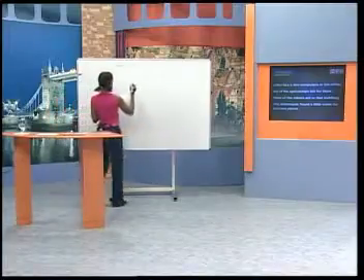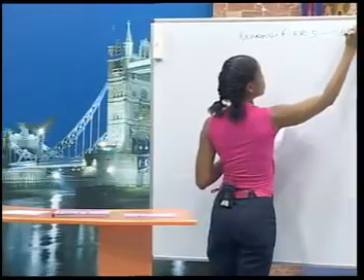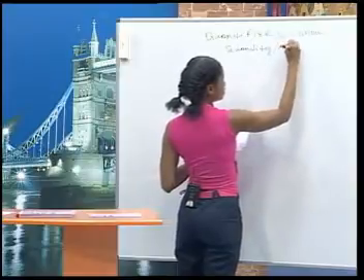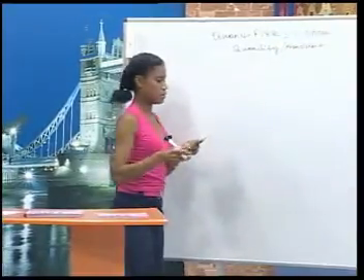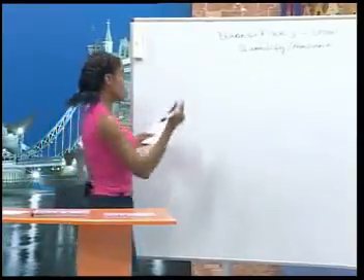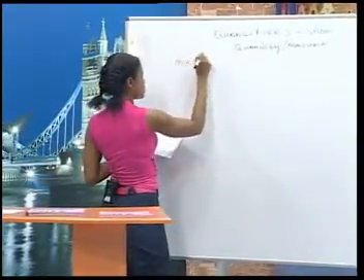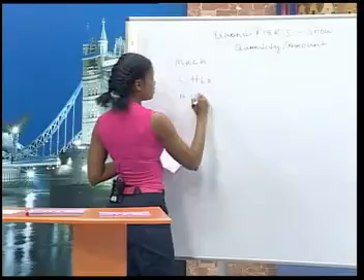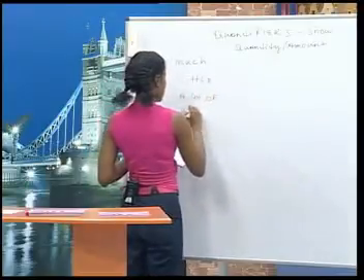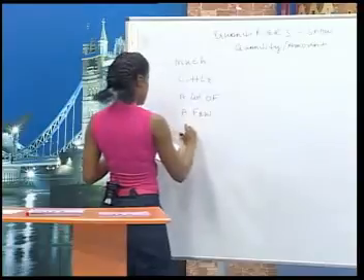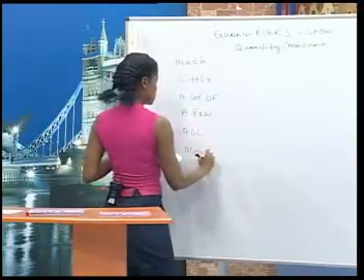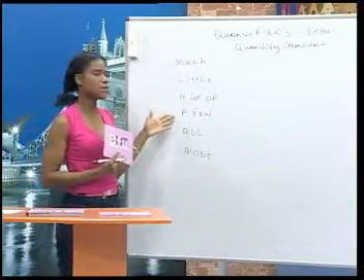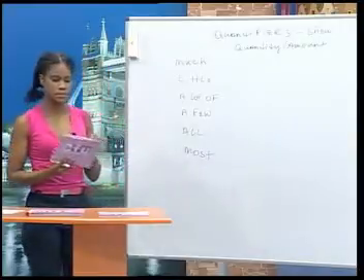So quantifiers are used with nouns to show quantity or amount. Okay, some examples of quantifiers are much, little, a lot of, a few, all, or most.